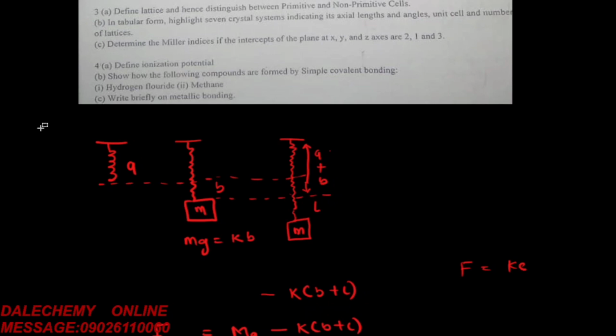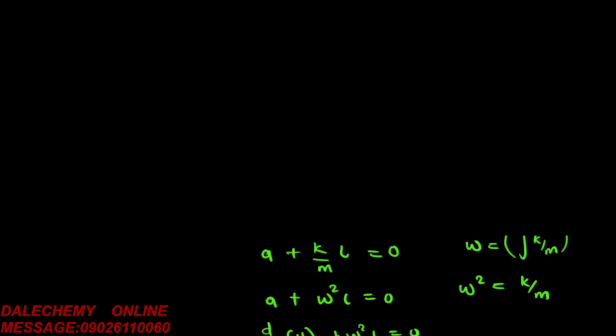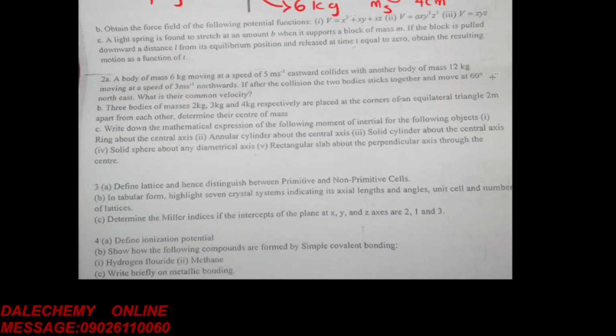So let's just start analyzing it one after the other. So this mass m of 6 kg moving at this speed eastward.